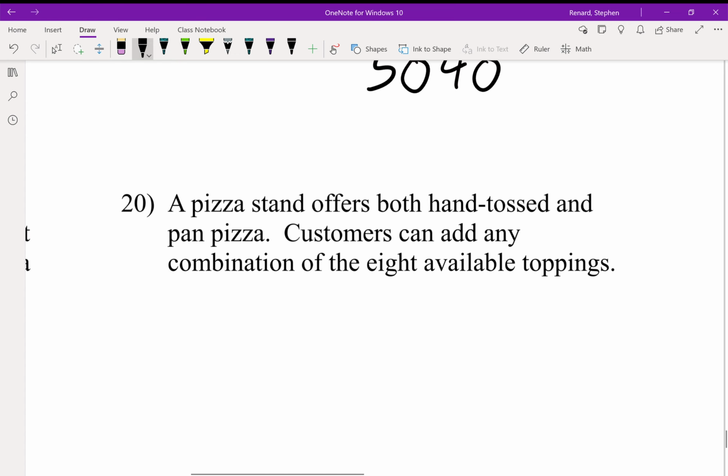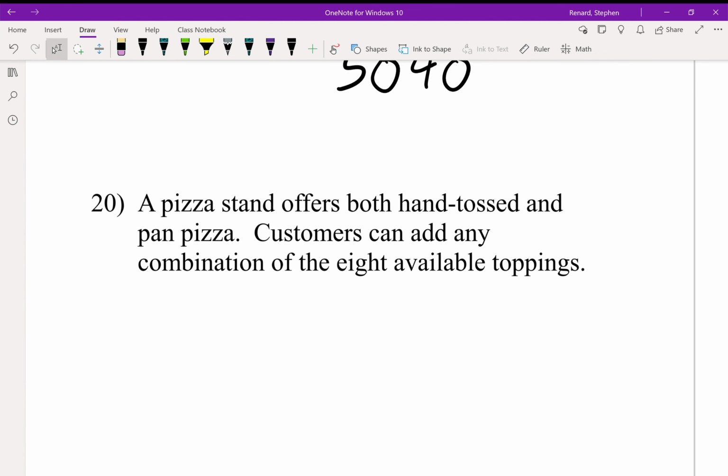And number 20. A pizza stand offers hand-tossed and pan pizza. Customers can add any combination of the 8 available toppings.